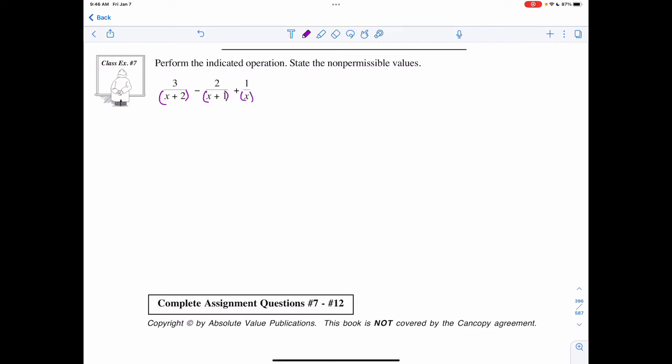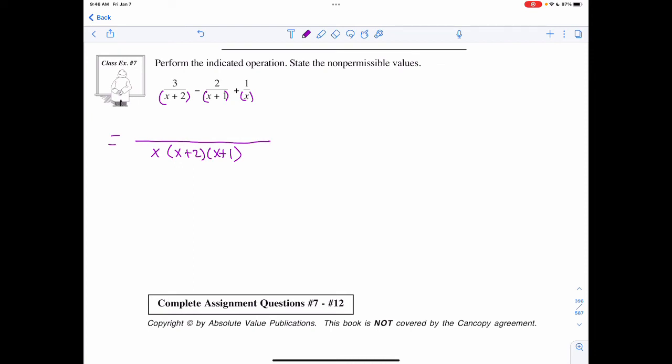They are all their own factors, which means that in order to put them all over everything that I have here, x, x plus 2, and x plus 1, I need to expand it out and add the missing denominators to each of these numerator terms.